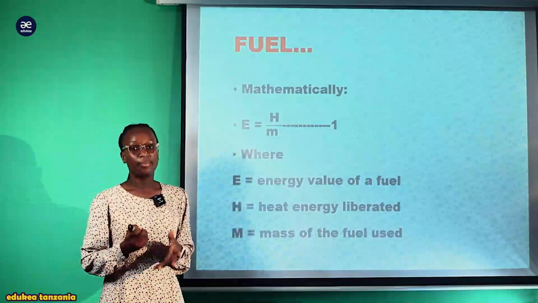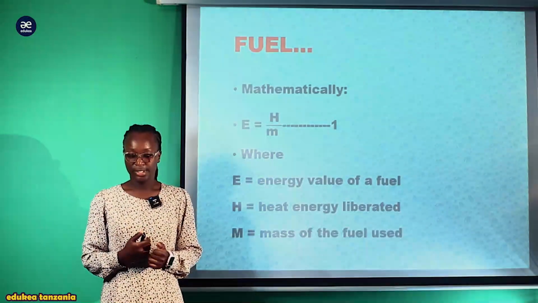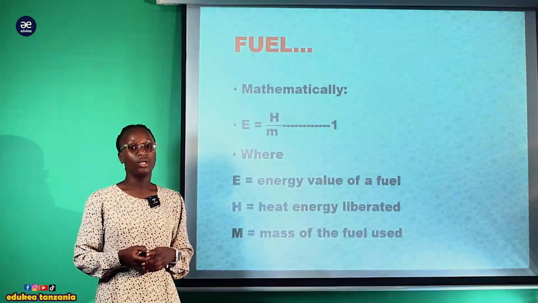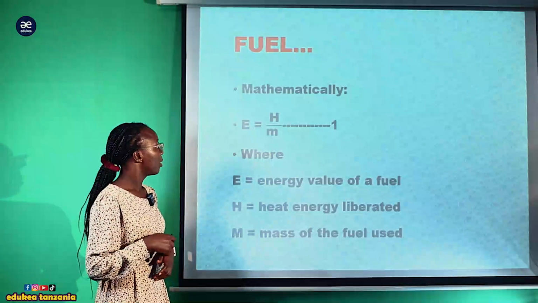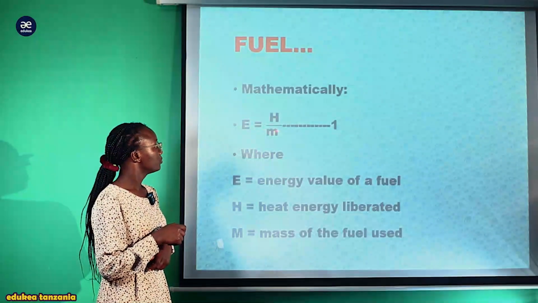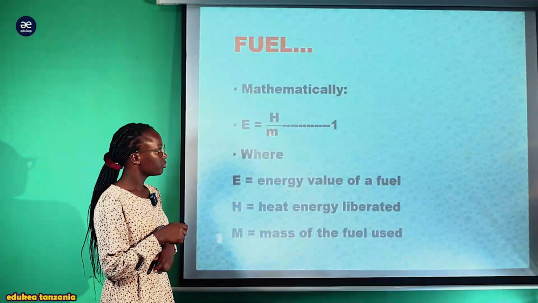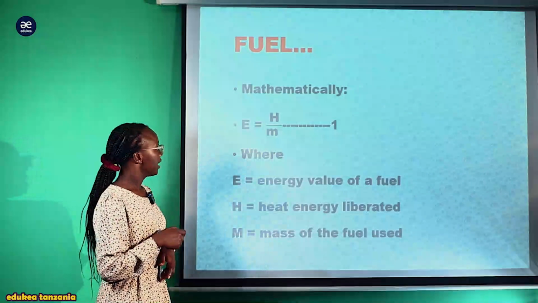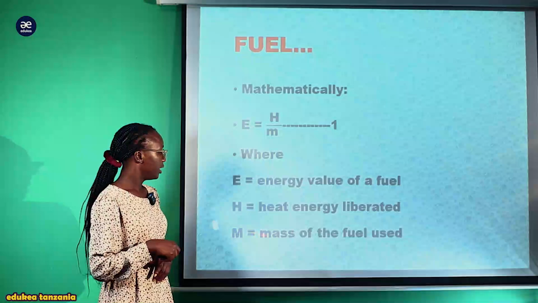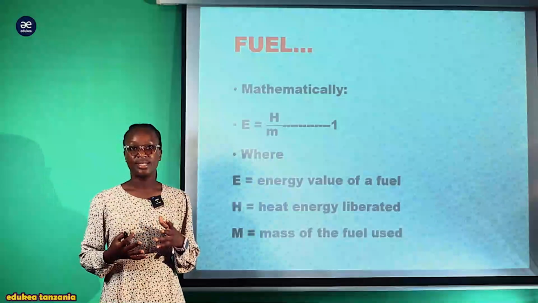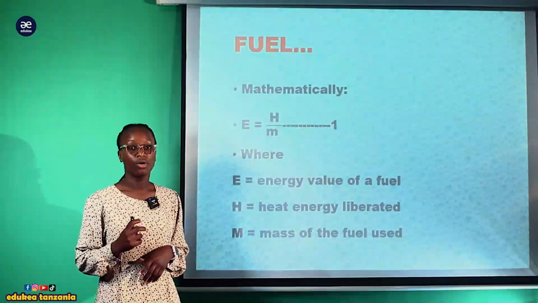Now let us see simple mathematics concerning the energy value, the heat energy value: E is equal to H over M. H means the heat energy liberated, that amount of energy liberated during combustion.